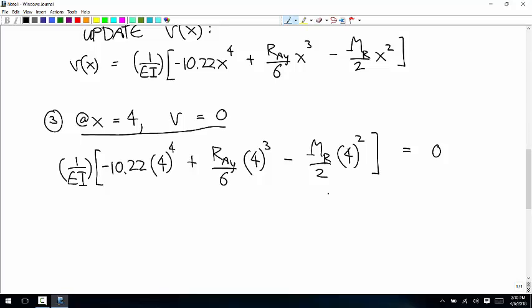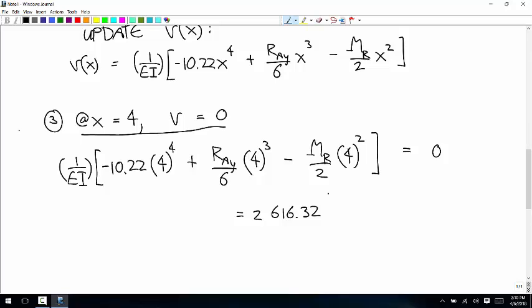We had two equations that we kept before. Now we have our third equation that says, what's negative 10.22 times 4 to the fourth? 2,616.32. And that's over here.